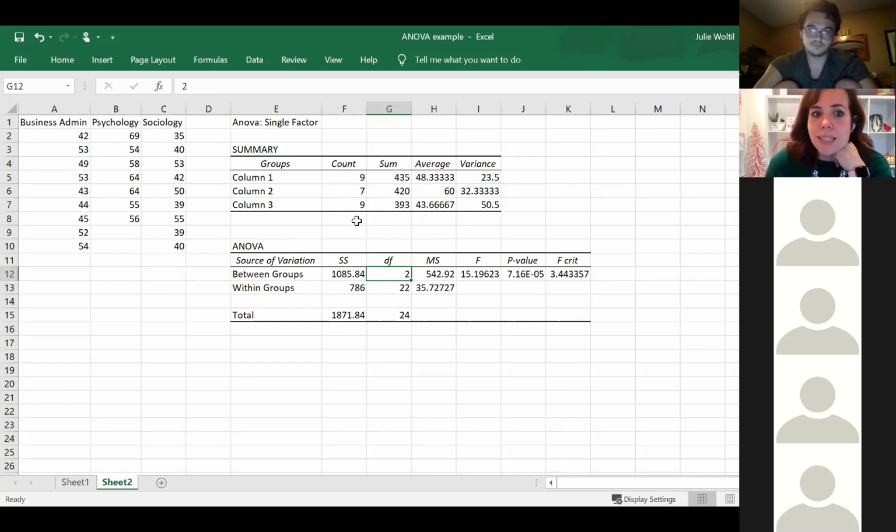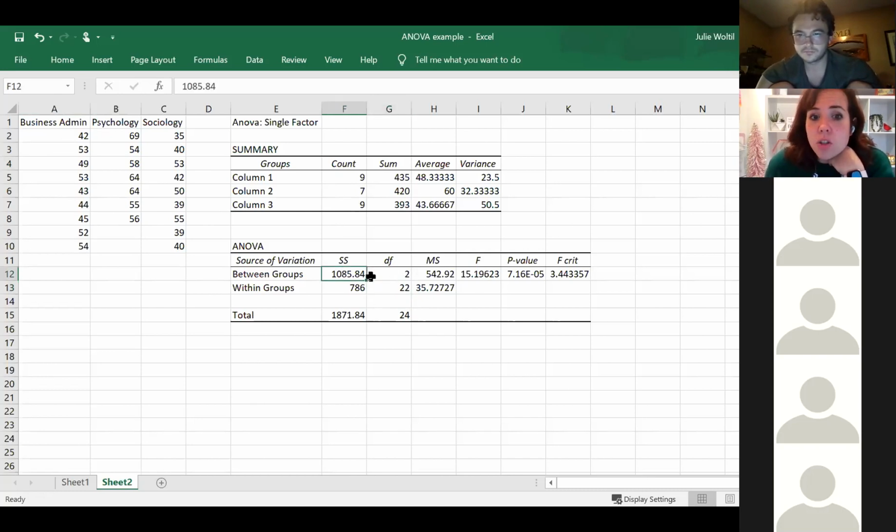So that's 1825. I can do math. It's hard, said the stats teacher. Don't lose faith. So 25, right? That's my total N minus the number of categories or groups, which is 3, right? Which gives me degrees of freedom 22.